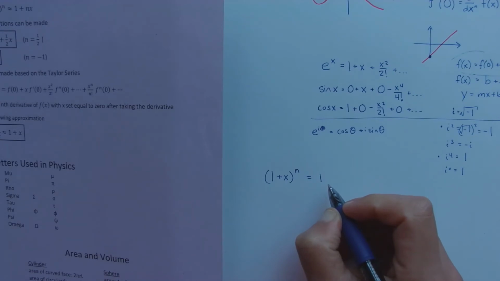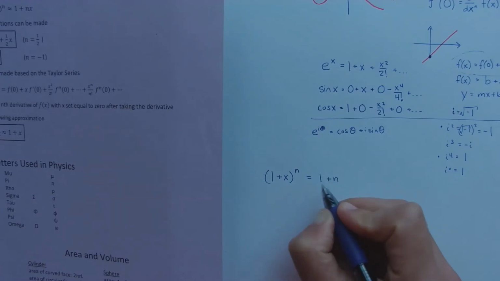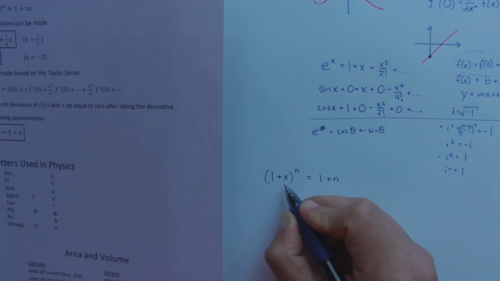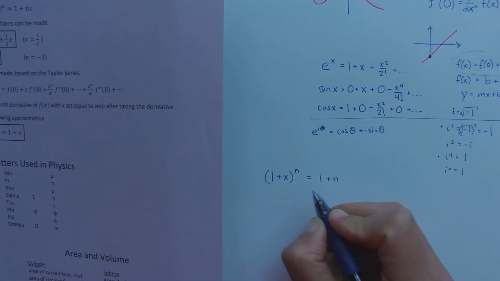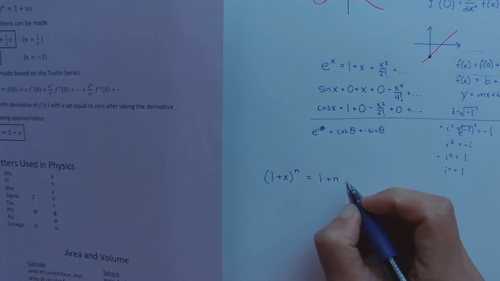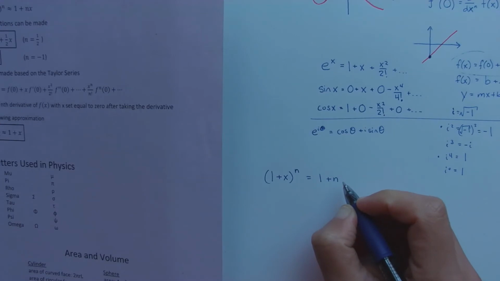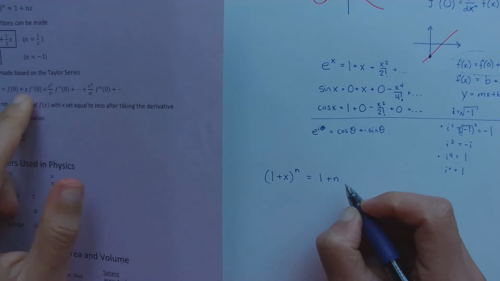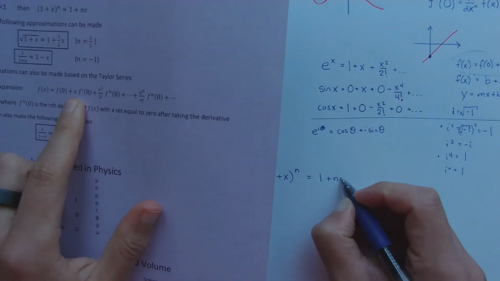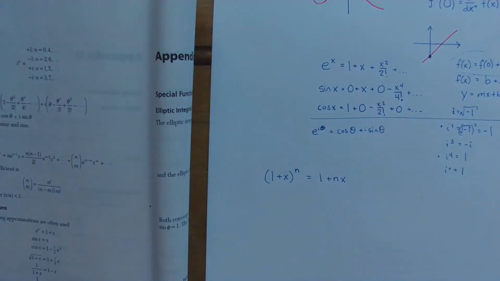Then we take the first derivative, and after taking the first derivative, we set x equal to 0. So this would be plus n times 1 plus x to the n minus 1, but evaluated when x is equal to 0 would again give you 1 to the nth power, which is just 1. And then I have to multiply by x. And you could keep going.